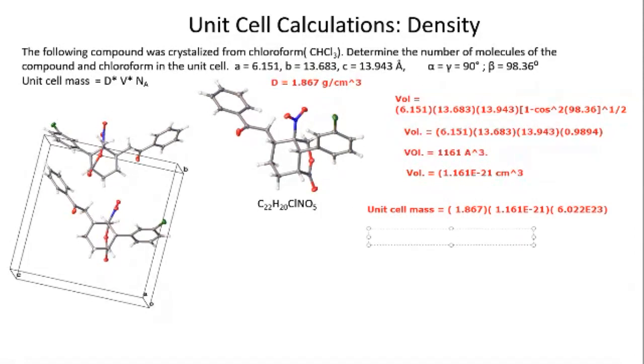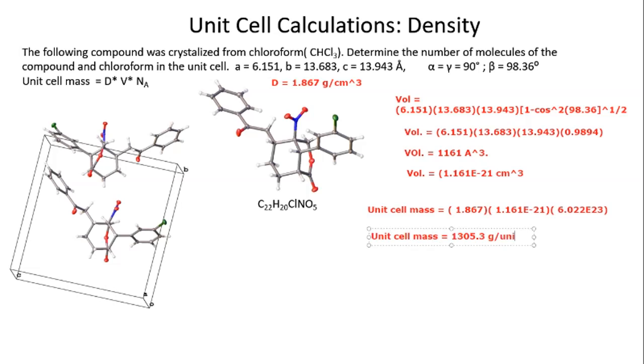So the unit cell mass is 1.867 times... We get the unit cell mass. So this is the mass of everything in the unit cell. 1305.3 grams, I guess you call it per unit cell, or grams per mole, molar mass of the unit cell. So that's the molar mass of the unit cell.